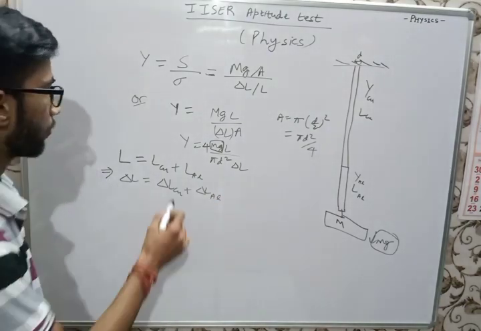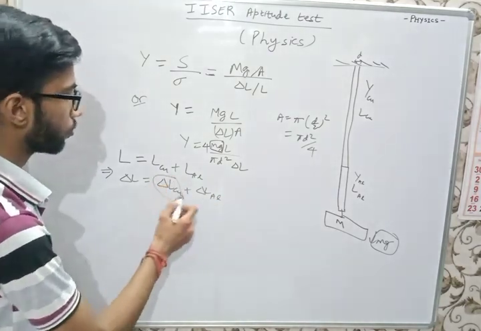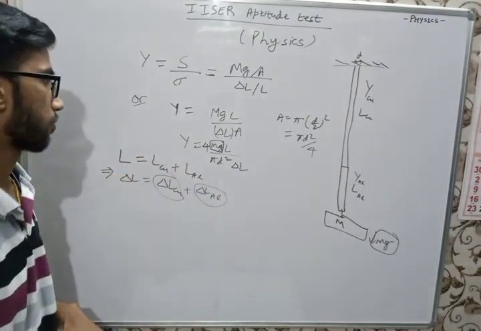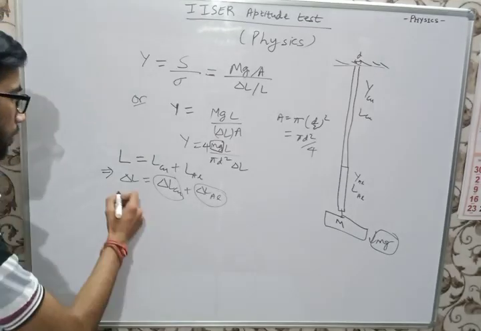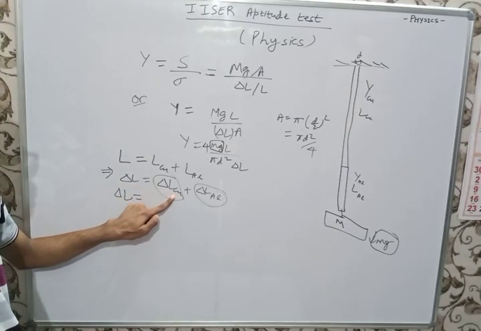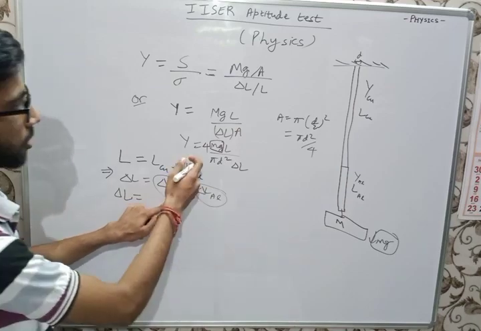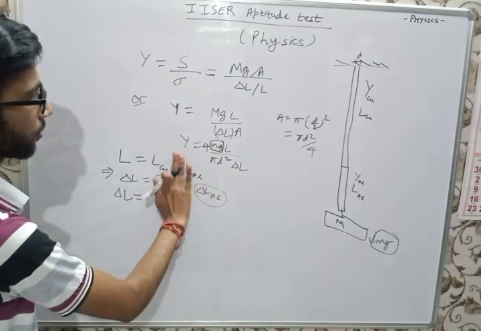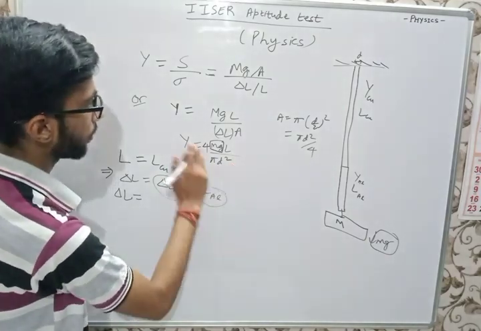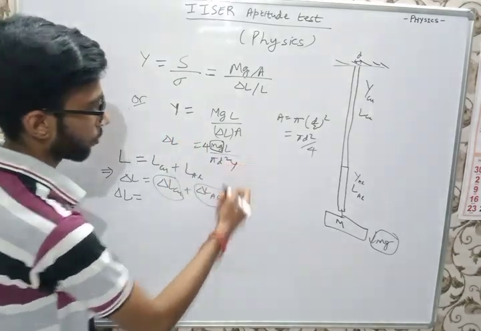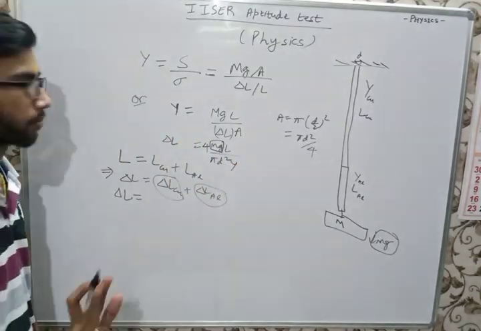So just find the values of delta L_Cu and delta L_Al and put them in this expression. Delta L is known. We don't know the value of delta L_Cu. If I apply this expression for the copper wire, delta L will go here and Y will go there. I can also write it in this manner.